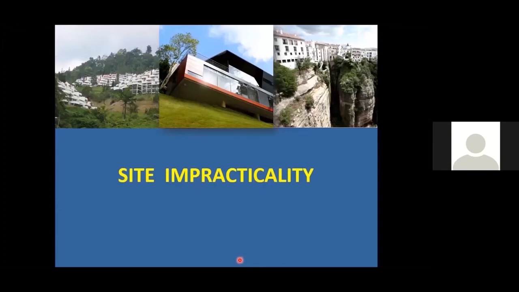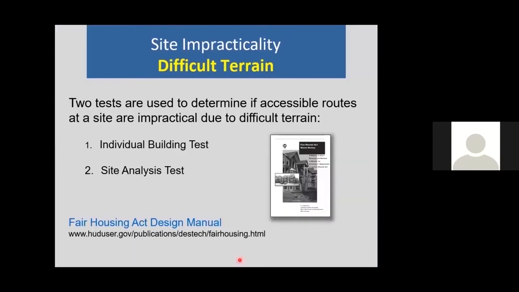Site impracticality is allowed for under requirement 1, an accessible building entrance on an accessible route, because Congress understood when they wrote this law that there would be areas in our nation where it would be considered impractical to make these buildings accessible, but that we would still be building.